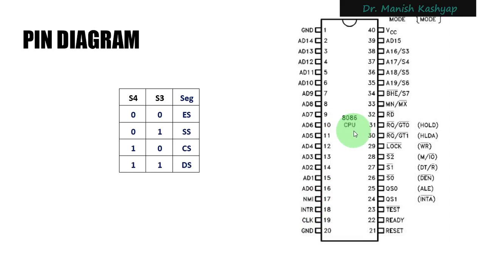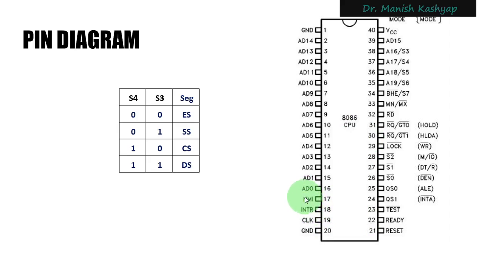If an interrupt request has come from the external world to the microprocessor, which is also an input signal, the microprocessor can serve that request or deny it, depending on whether the interrupt flag is on or off. So this is a maskable interrupt, INTR, which is externally given to the microprocessor.